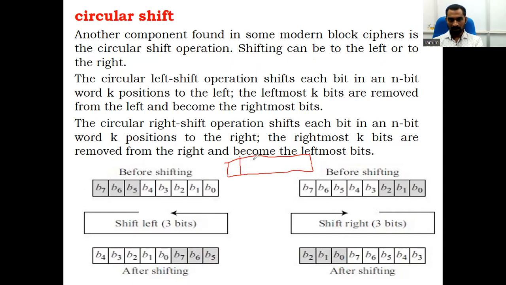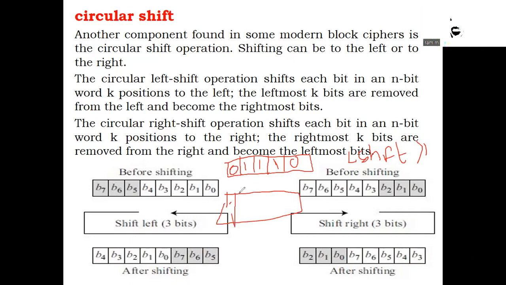So consider this as the data: 0, 1, 1, 1, 0. If I apply a logical left shift by 1 bit, this data becomes 1, 1, 1, 0 with an empty place.